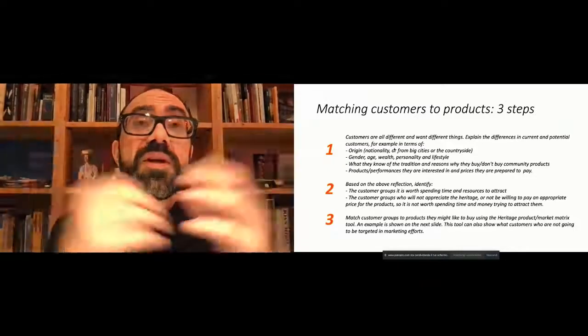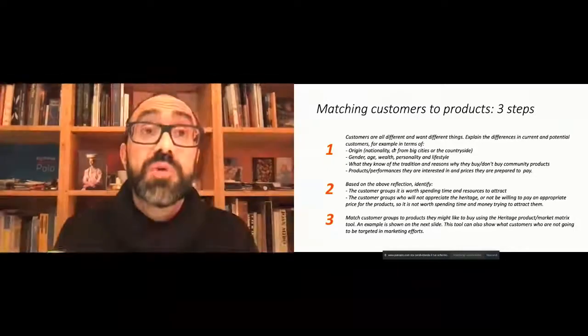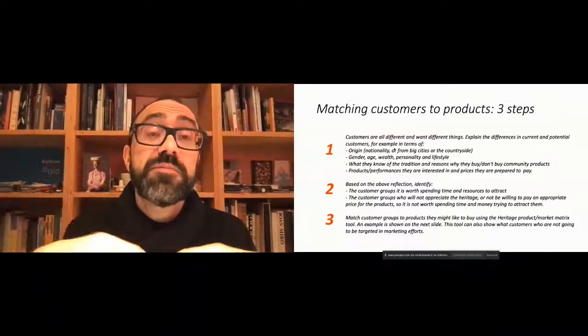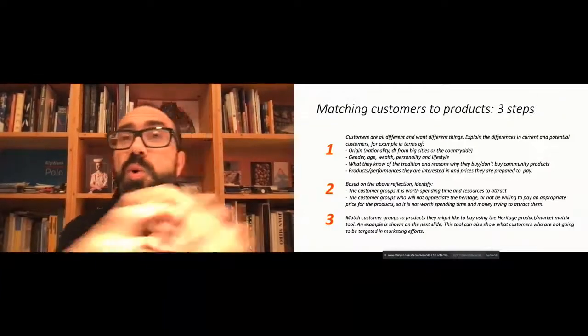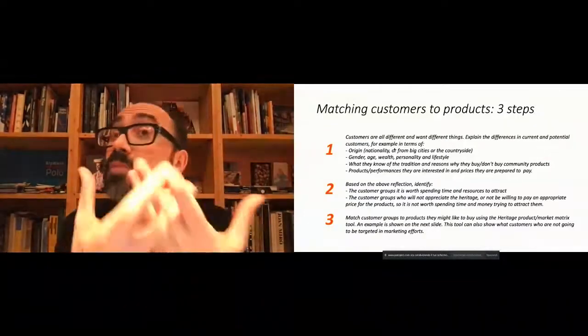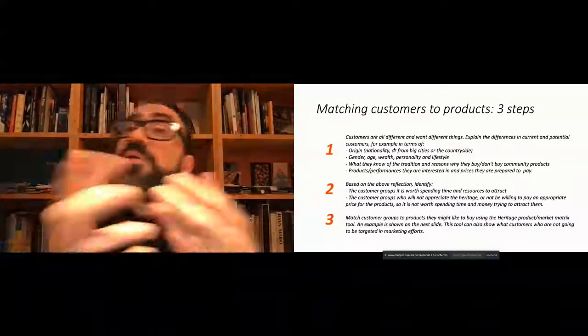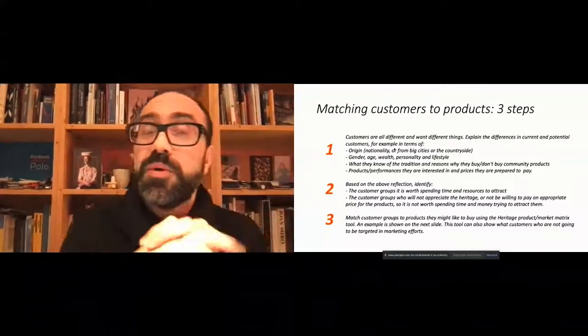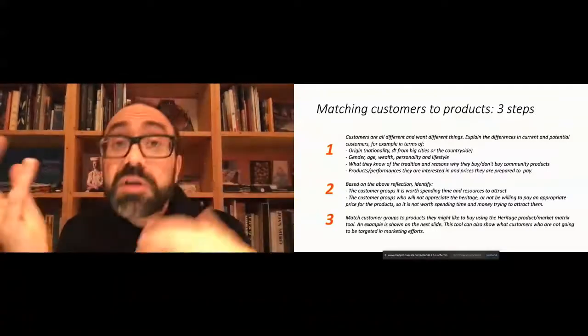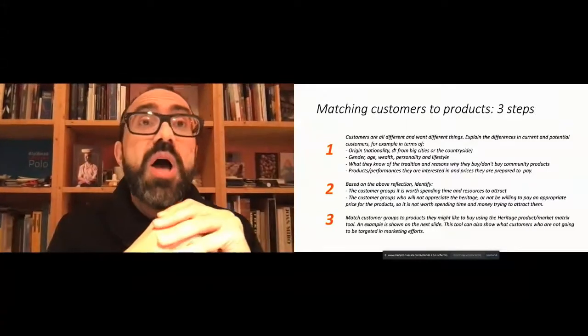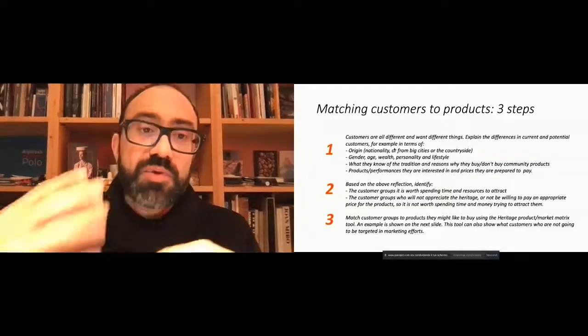So sometimes it happens that products for locals would be different from products for tourists. Sometimes it happens that older people prefer products in a different way with respect to younger people. Sometimes it can be that men and women might have a different point of view on what they like, and so on and so forth.